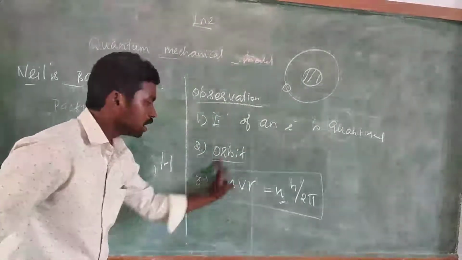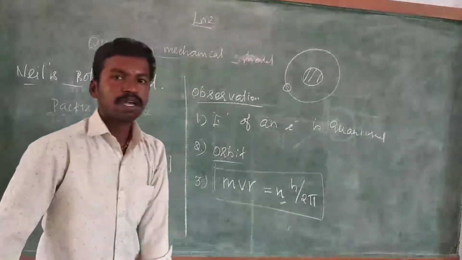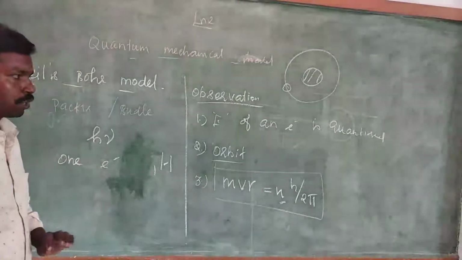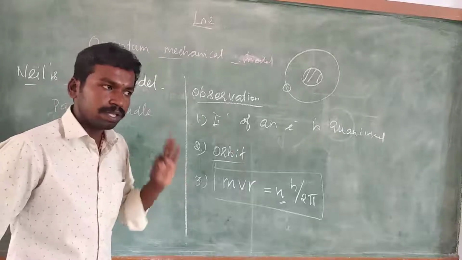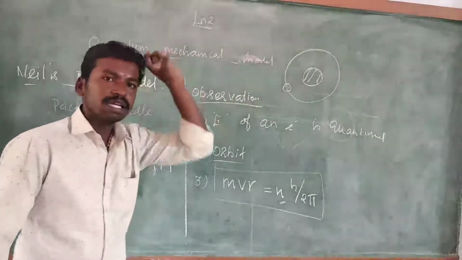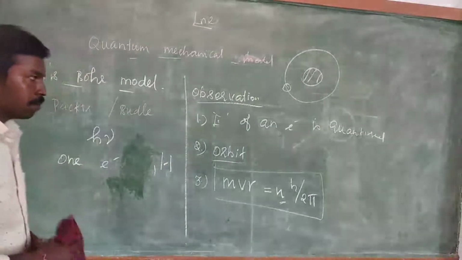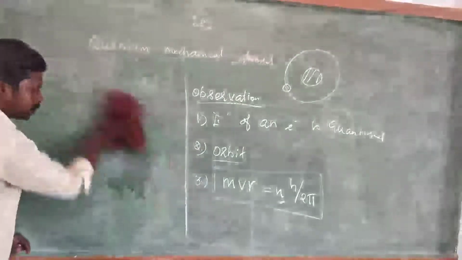Then third, the angular momentum of an electron is an integral multiple of h by 2 pi. Then the fourth point we are going to see. It's a very important point. The electrons circulate only in the stationary path, so as long as the electron remains in the same path, there will be no loss of energy.